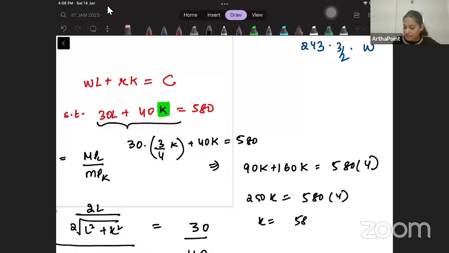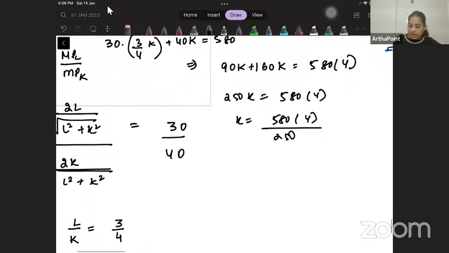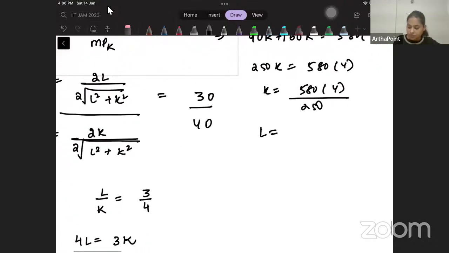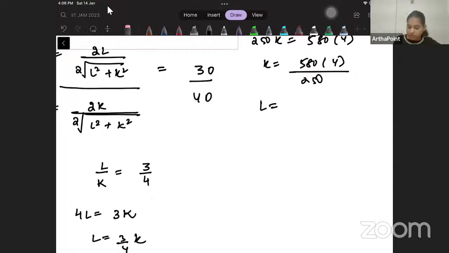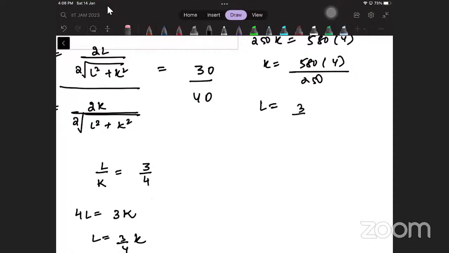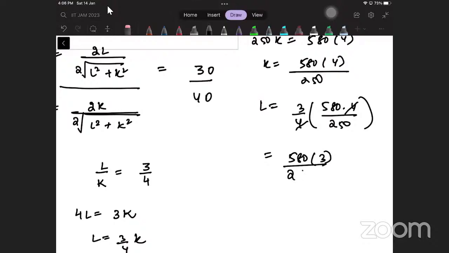So K will be 580 into 4 by 250, and L will be 3 by 4K, tha na? So L is going to be 3 by 4, 580 into 4 by 250. So 580 into 3 by 250. These would be your L and K.